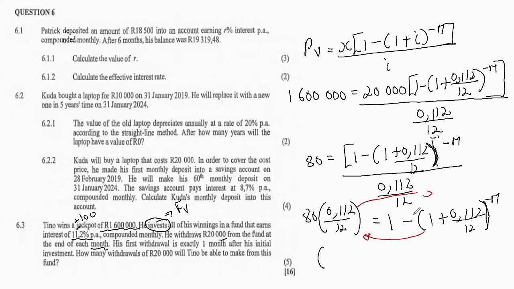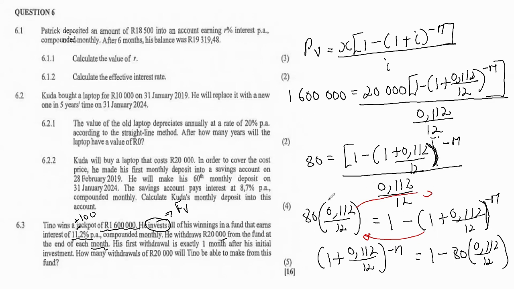So I will have positive. Remember, it's negative. When it jumps over, it becomes positive. And then to the exponent of negative n. Now we are left with this one here. But then this, when it jumps over, it becomes minus 80 times 0.112 over 12. So I hope I'm not losing anyone there.